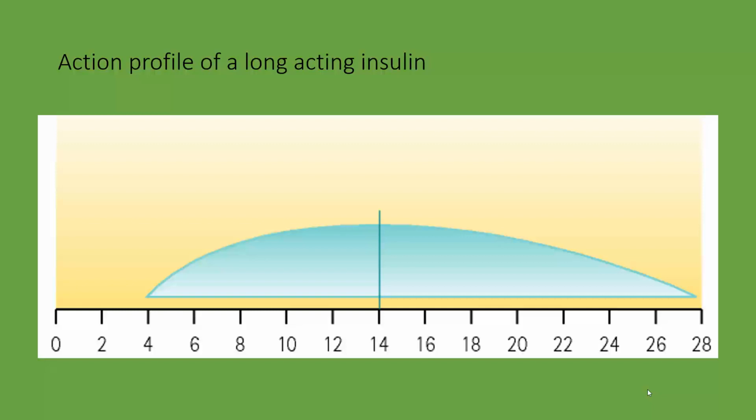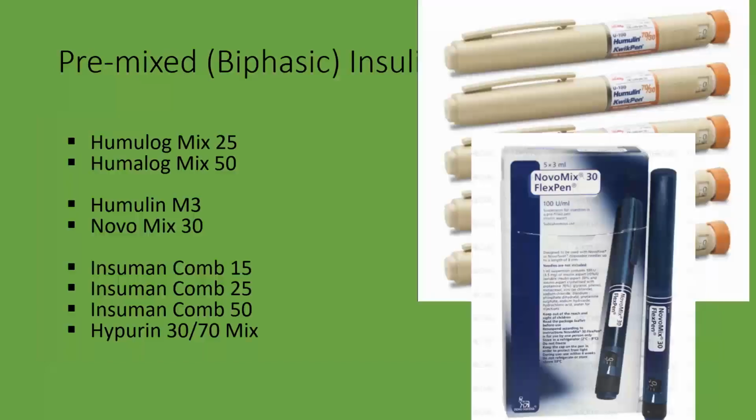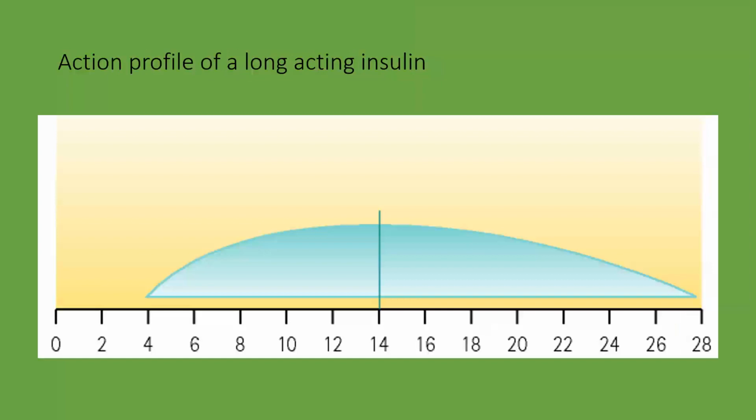So generally the profile is like this, and generally we say it's peakless, but still for Levemir and Lantus, you still get a slight peaking, but not as bad as the Humulin I or Hypurin Isophane.